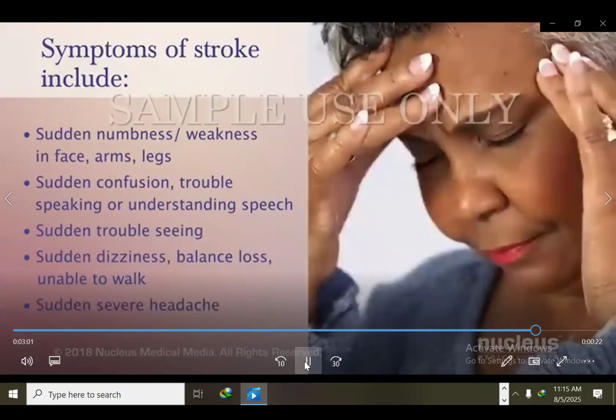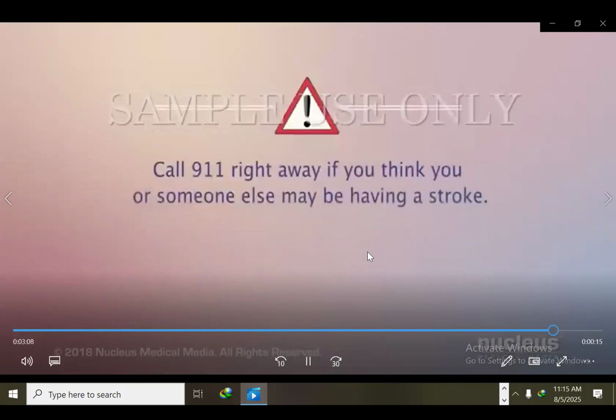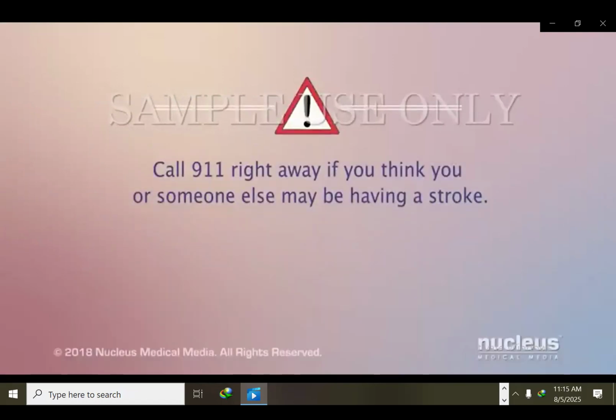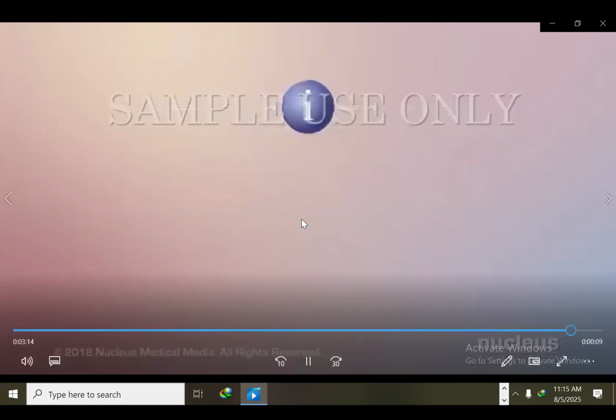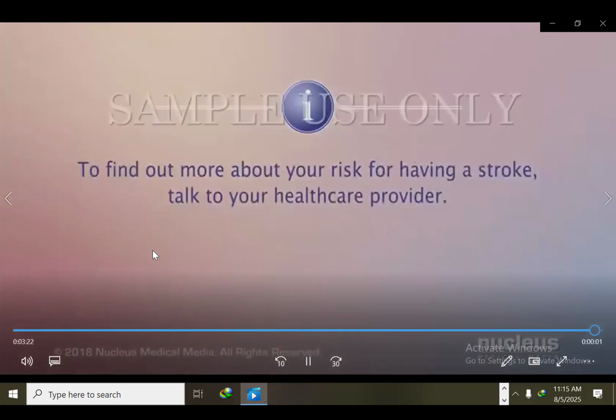And a sudden severe headache. Call 911 right away if you think you or someone else may be having a stroke. To find out more about your risk for having a stroke, talk to your healthcare provider. Thank you very much.